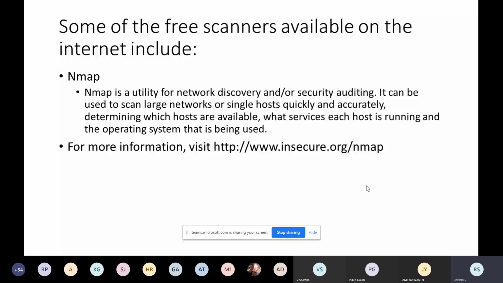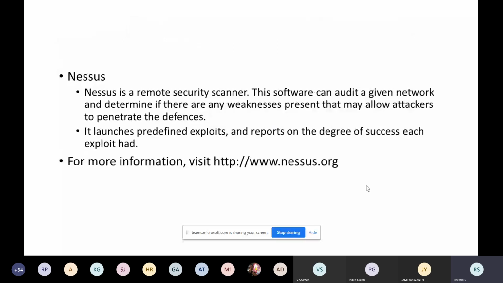Next is Nessus. Nessus is again a network scanner, but it is not going to scan any individual host like Nmap. It will scan only the network, what is present in the network and the devices connected to it, but it will not give any services.